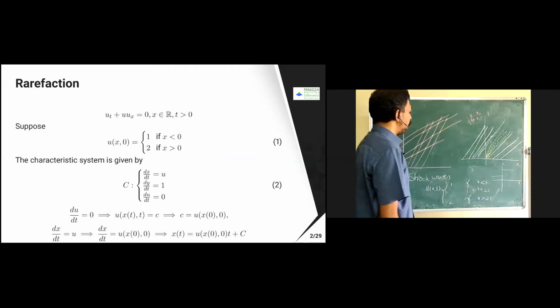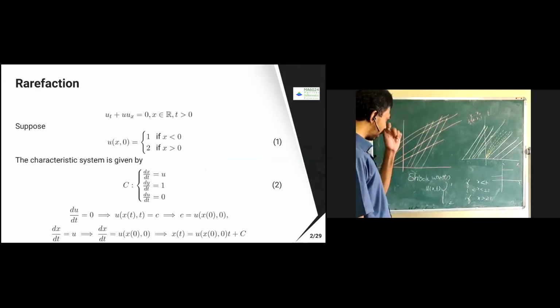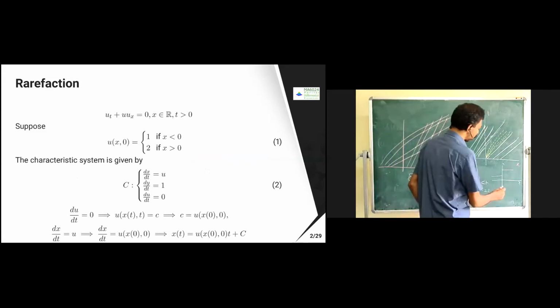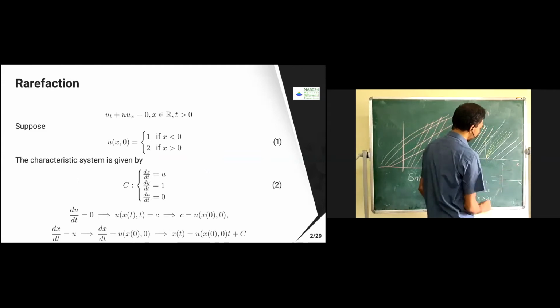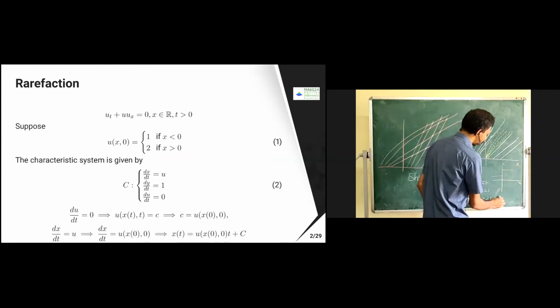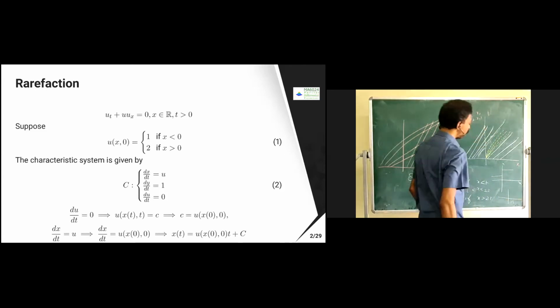Now we found that u of x comma t, when x is less than t, is going to be translated this way. Let's say t is here.